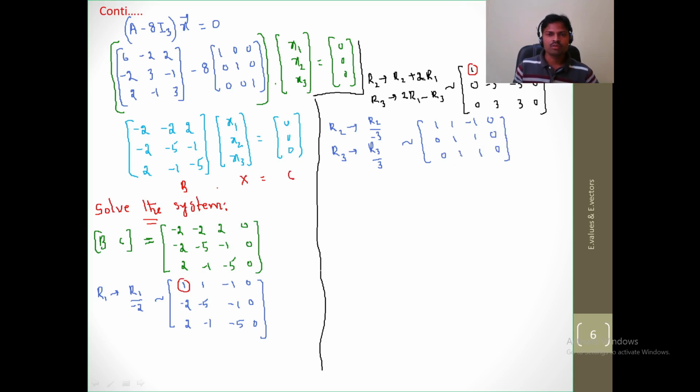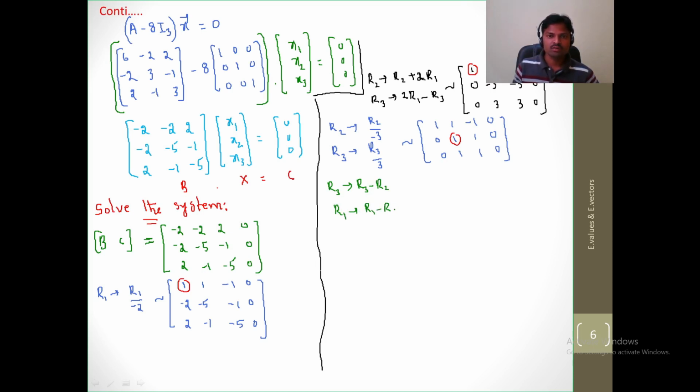Now I want this one to be 1 and the remaining two column entries must be zeros. For that, the row operations are: first R3 is modified as R3 minus R2, and after that R1 is modified as R1 minus R3.